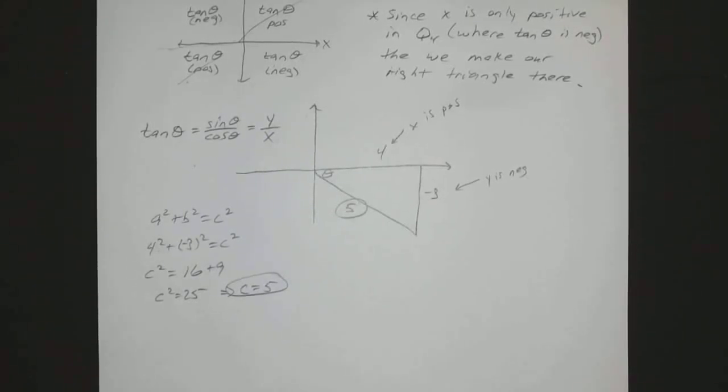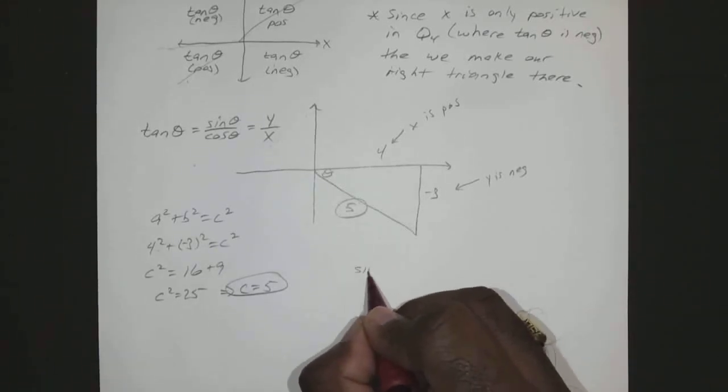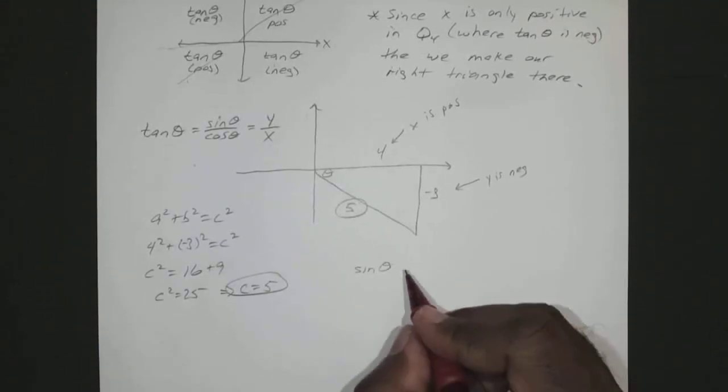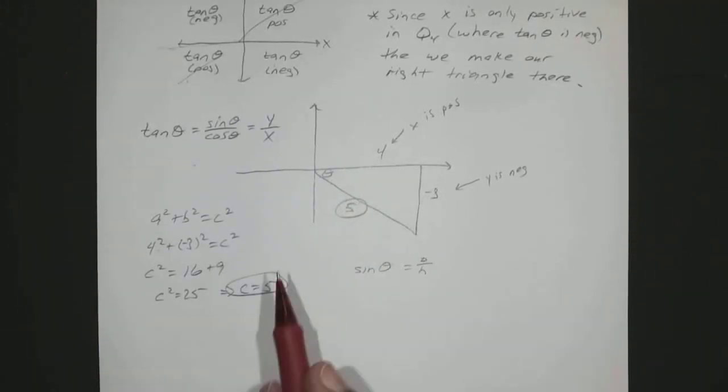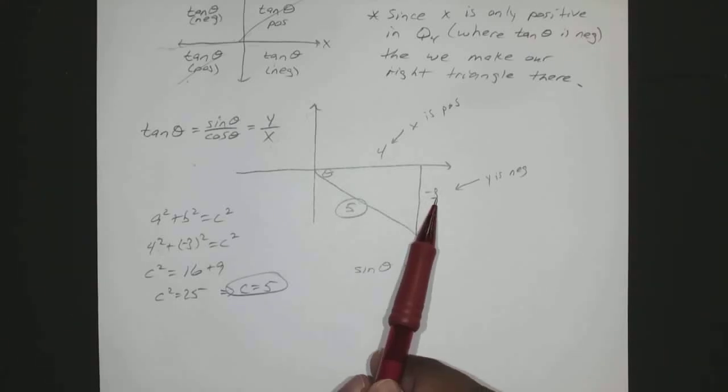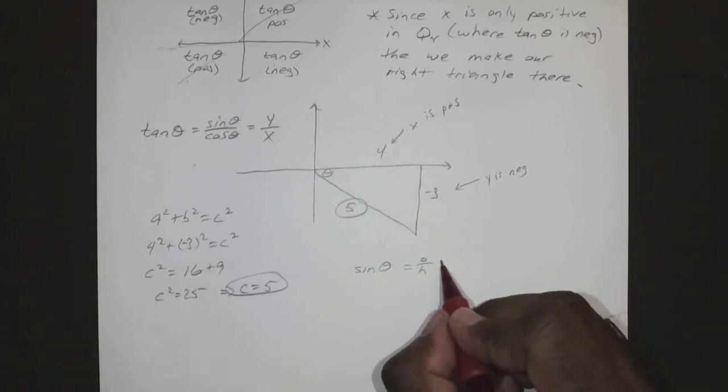Okay, so we have our missing value of 5 right there. So we have everything we need, now we can just start plugging in values. Sine of theta, which is opposite over hypotenuse, is negative 3 over 5.